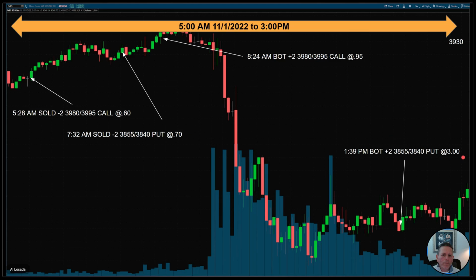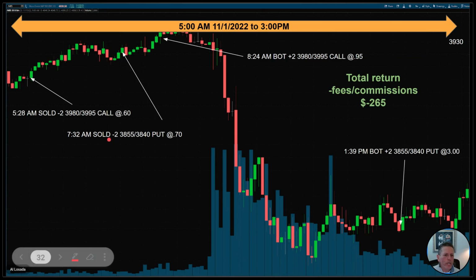And it came out to $3, right? Which is extreme. Now you're in a threatened trade here, right? So that put position basically went from 70 to $3, right? As the market went down. So now in this case here, you had total fees and commissions. So you lost $265, okay, in this 2 contract trade, right?